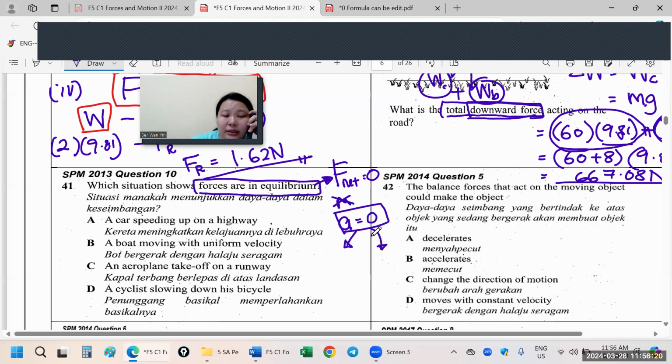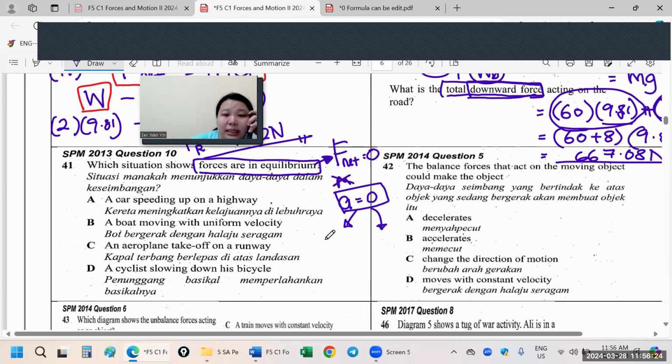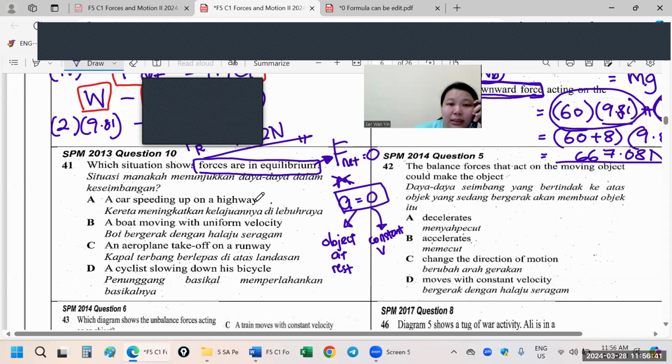Acceleration is 0 means two cases. One is the object at rest, or we say stationary. Another is the object has constant velocity or speed. So let's check one by one.